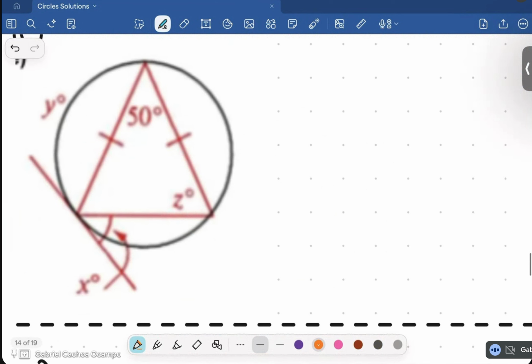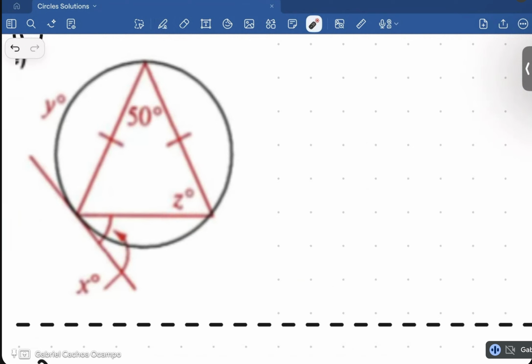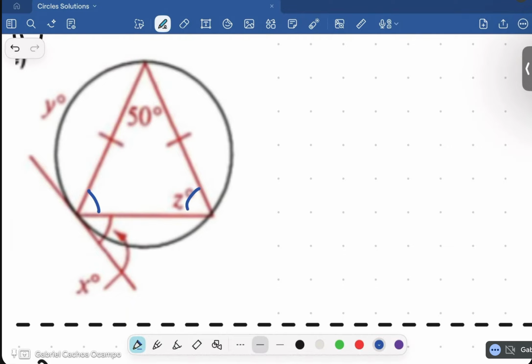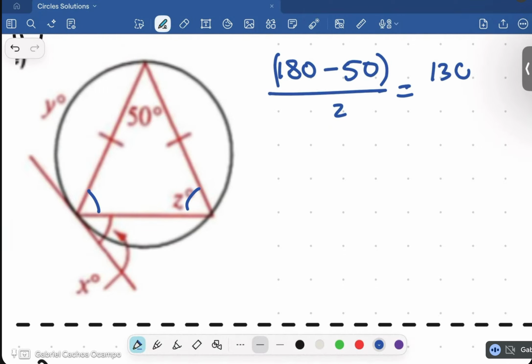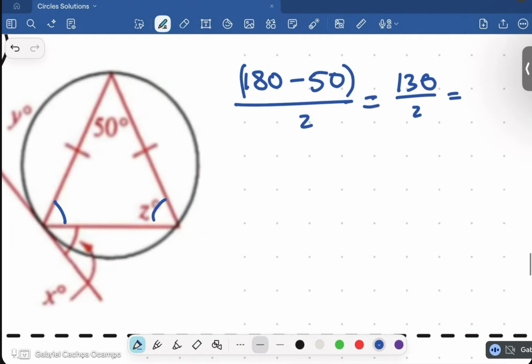For example, some are easy. So if this is an isosceles triangle, that means that this angle and this angle are the same. 180 minus 50 is 130, 130 divided by 2 is 65.